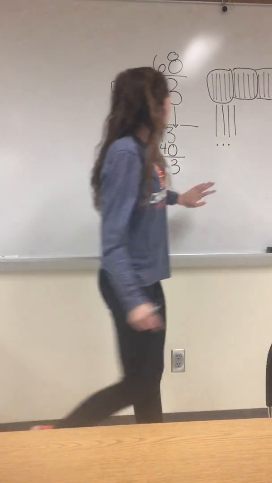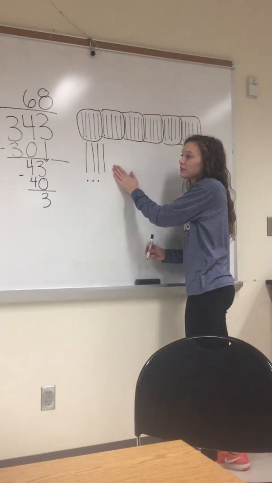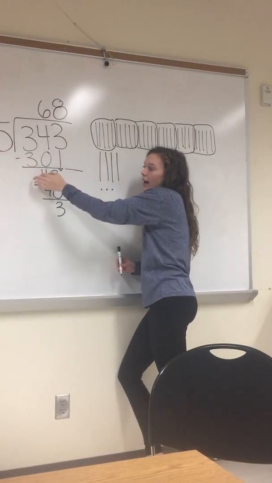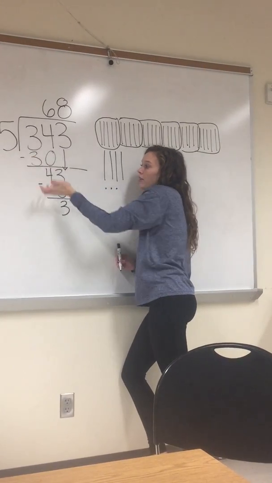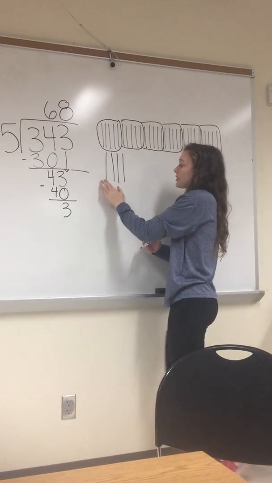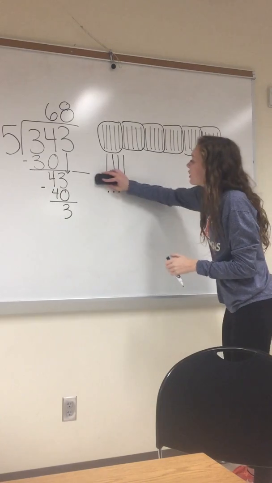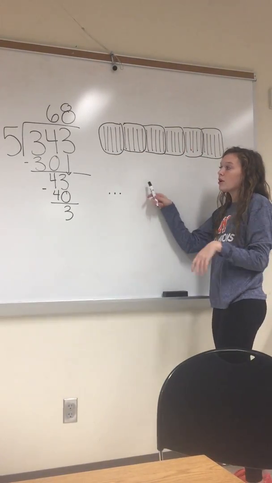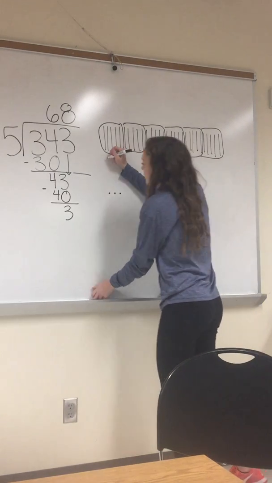And so now we can move to our base 10 blocks. If we showed this visually, since 40 could not be broken up 5 times, we have to do the same thing as before and regroup. And so we'll have to do 40 ones.